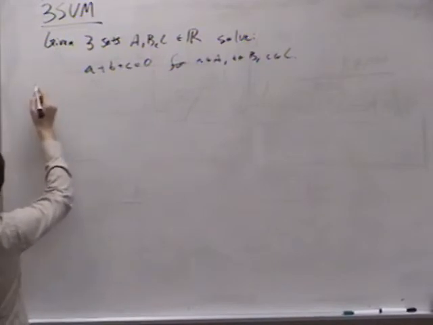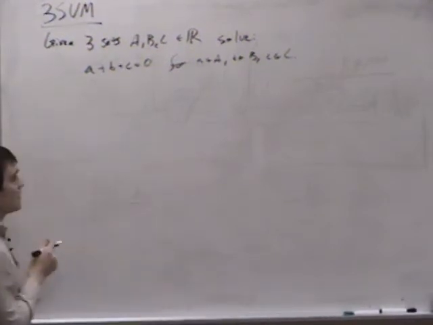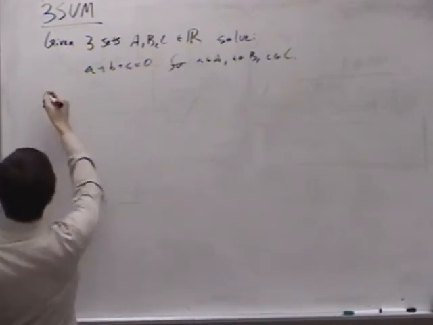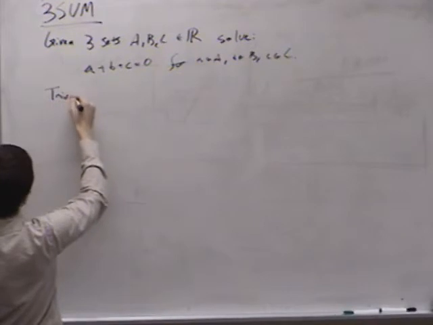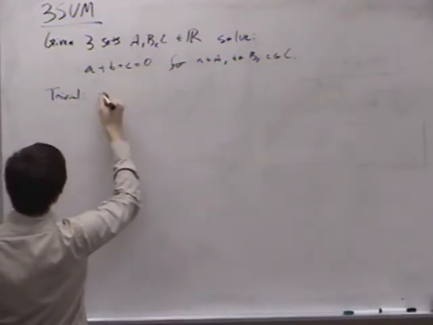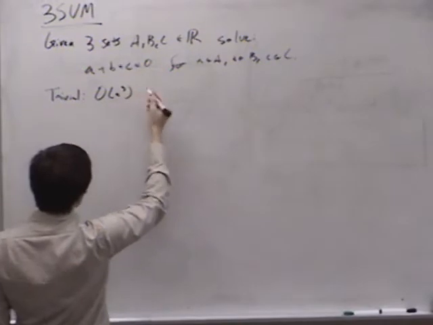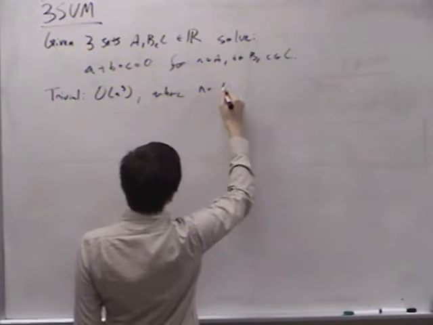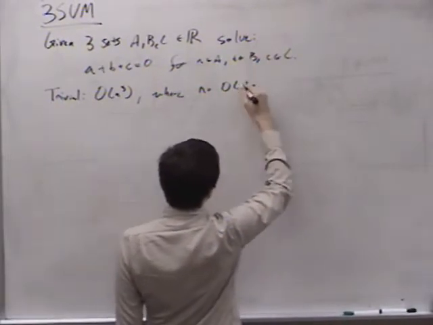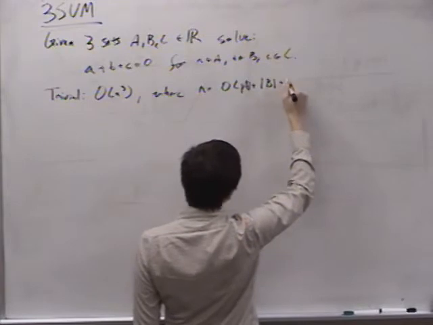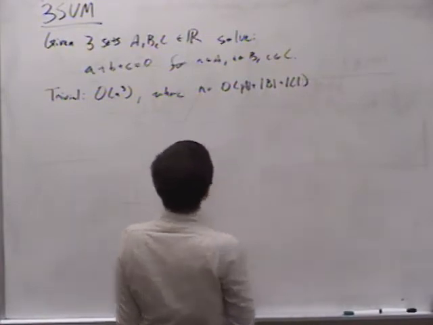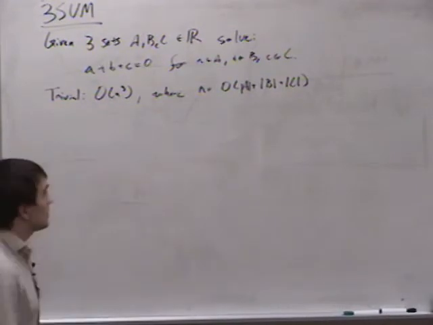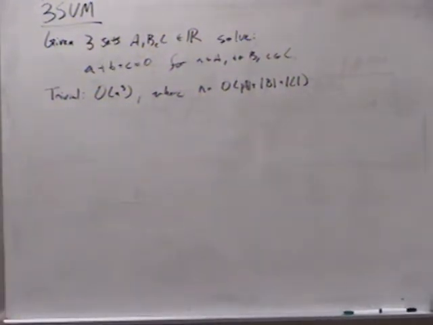So the simple algorithm for solving this thing is you can just look at every triple of numbers, right? That would take cubic time. So there's a really trivial algorithm, which will basically solve this in order n cubed, where we'll just, by convention, set n equal to the cardinality of A plus the cardinality of B plus the cardinality of C, etc. All right, so we'll just set n equal to the size of the largest one of these sets.